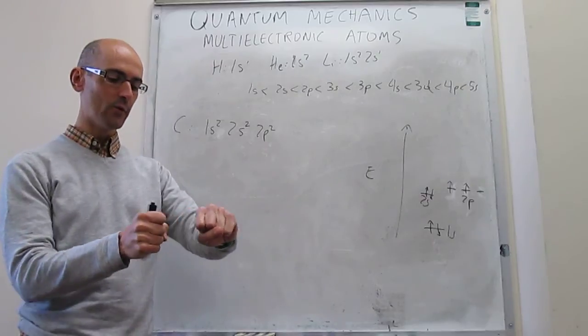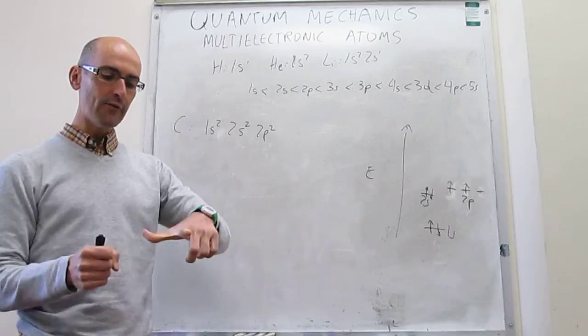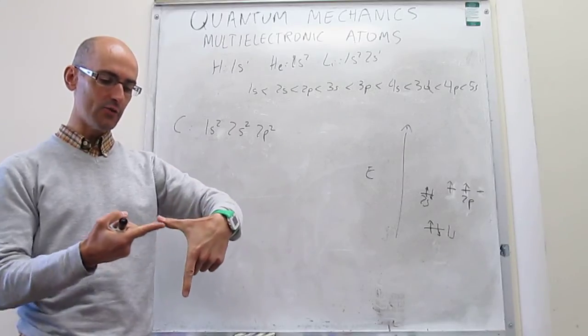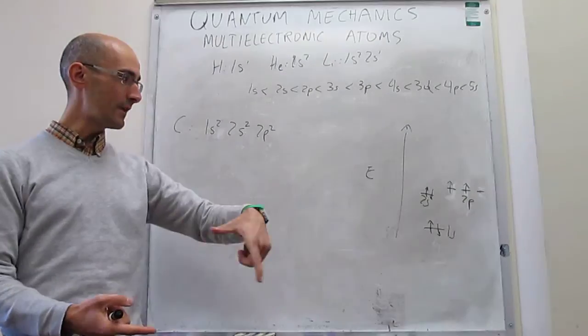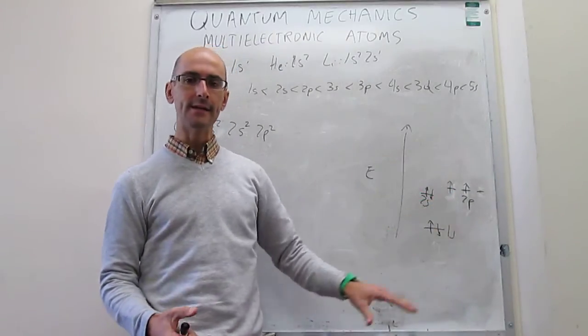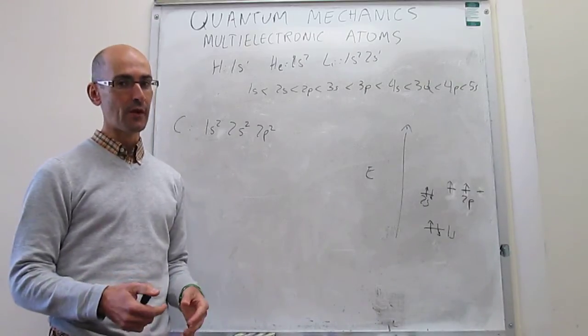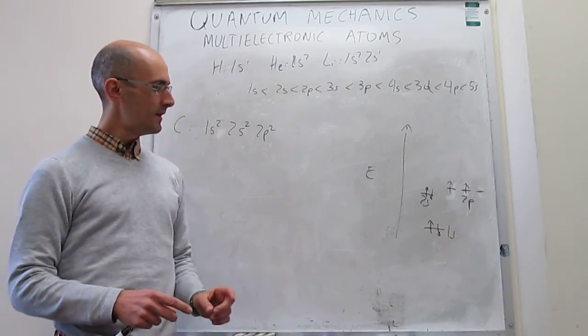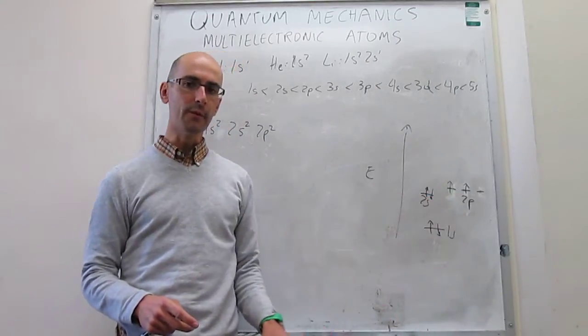If they're in the same orbital, 2px, they're going to repel each other much more than if they're in perpendicular orbitals, 2px and 2py. The electronic repulsion goes down if they occupy different orbitals. That is simply explained with electrostatic considerations.